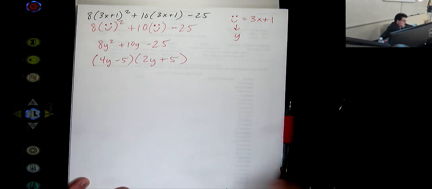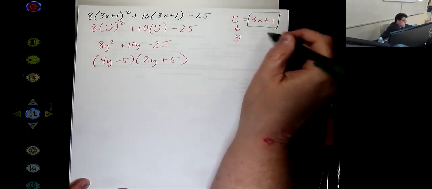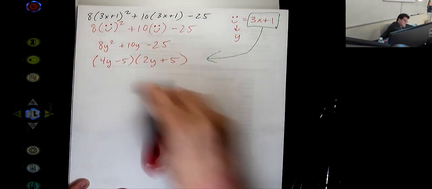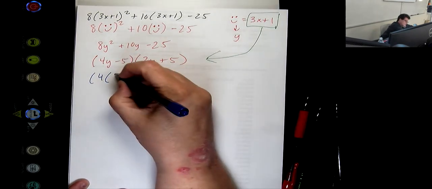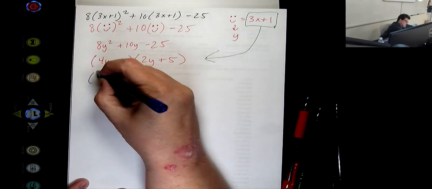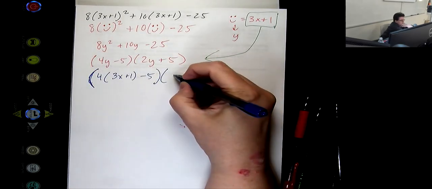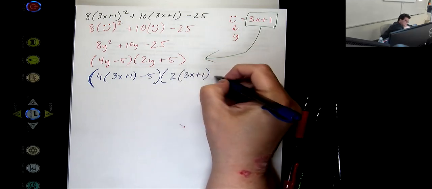So if you didn't start with y, you shouldn't end up with y. Put this back in. This is 4 times 3x plus 1 minus 5 times 2, 3x plus 1 plus 5.